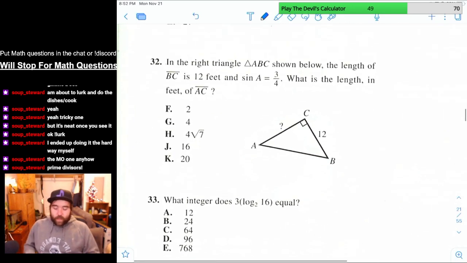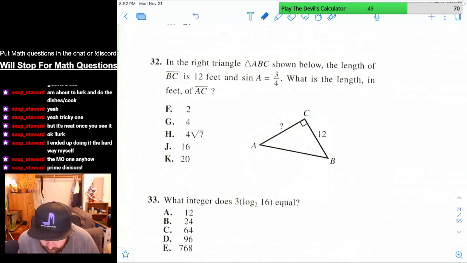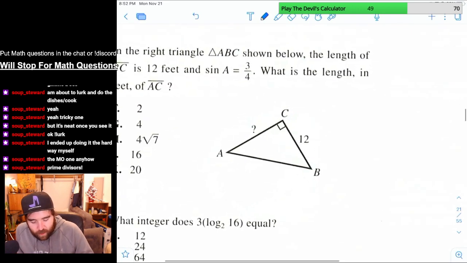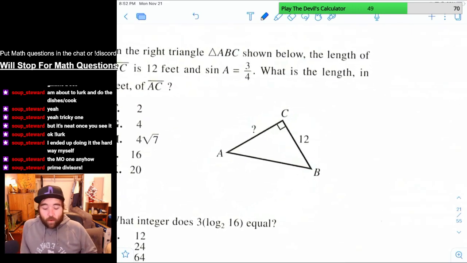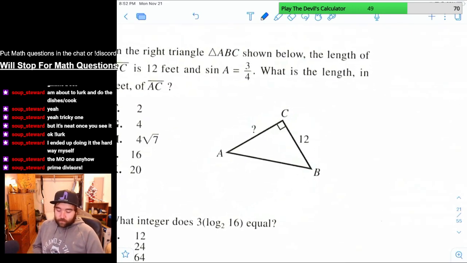All right, so we're getting into sine and cosine. In the right triangle ABC below, the length of BC is 12 feet. They label it already. The sine of A is 3/4. What is the length in feet of AC? Remember sine and cosine and tangent. Sine is opposite over hypotenuse.